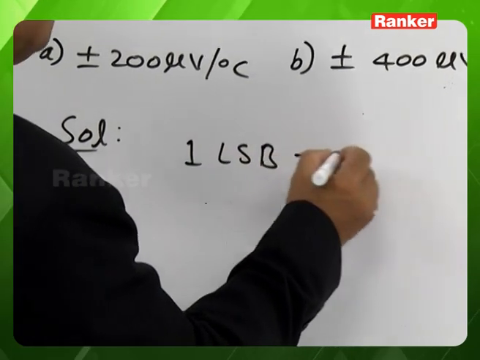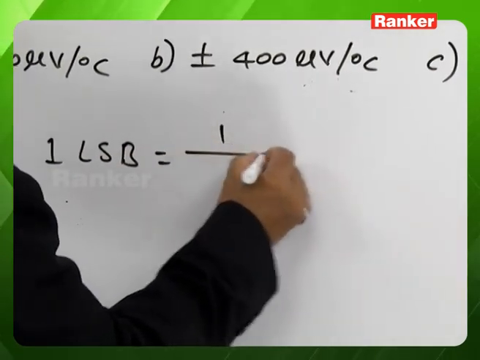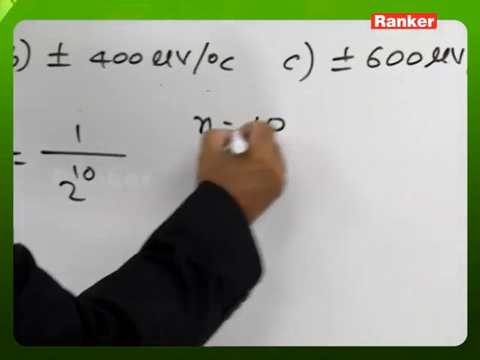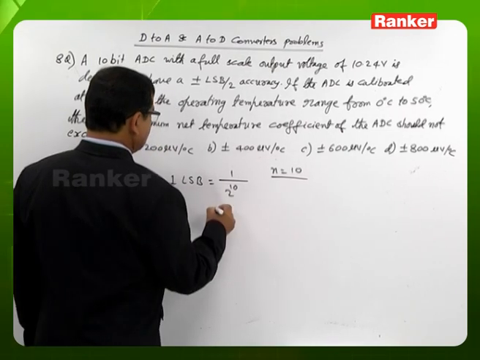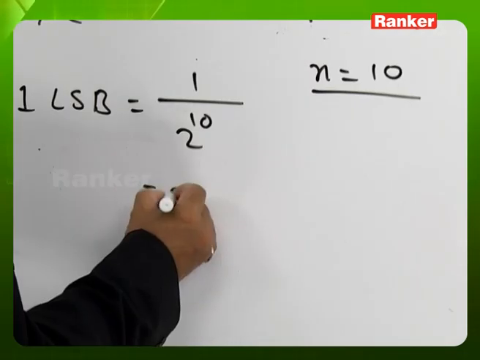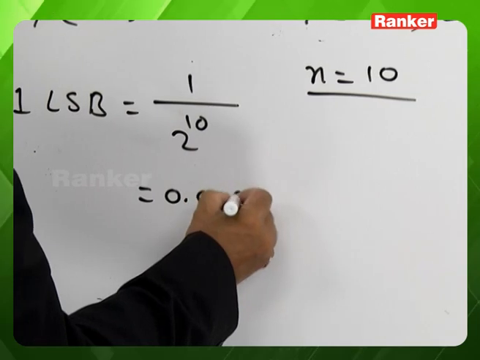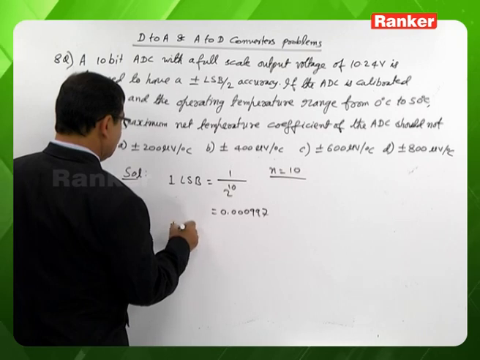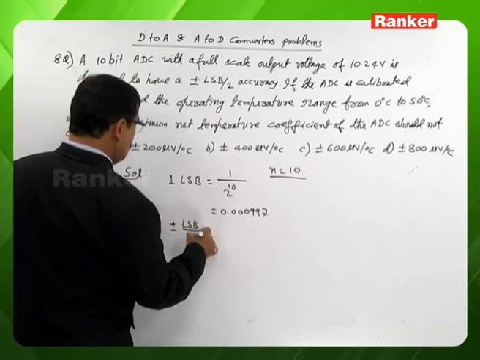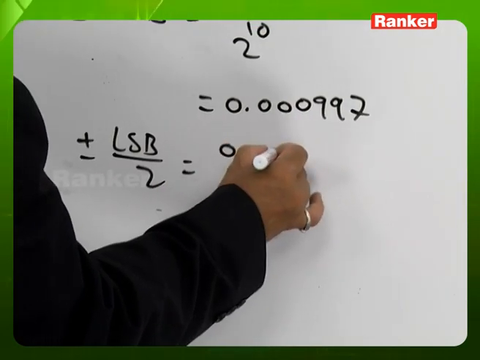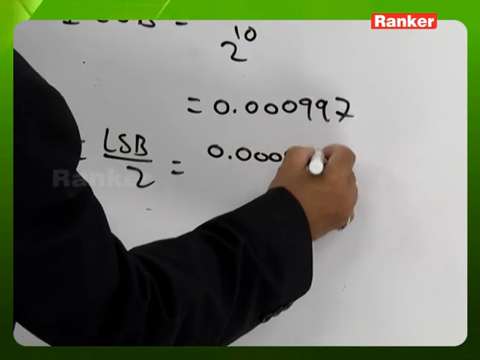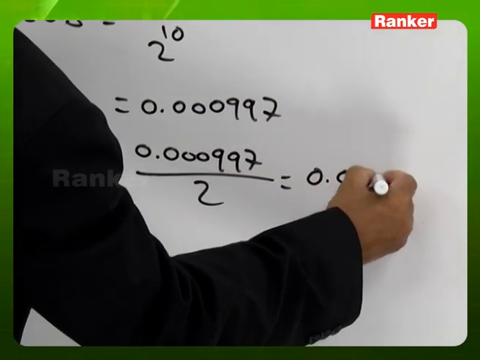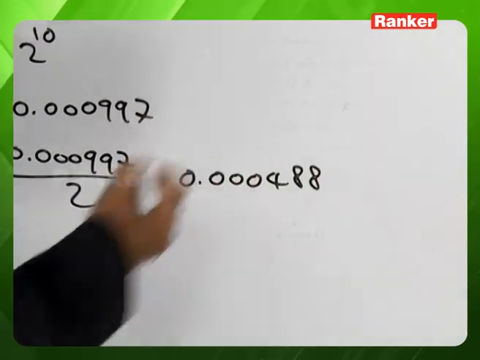1 LSB is 1 upon 2 to the power of 10, because the size of the ADC is 10. So that comes to 0.000997, and the accuracy is plus or minus LSB by 2, so 0.000997 by 2 is 0.000488.